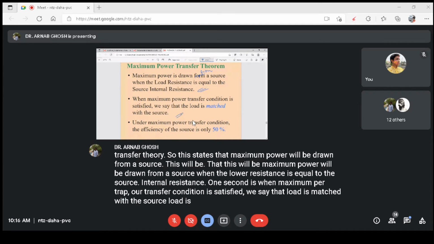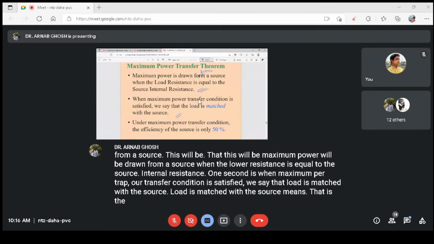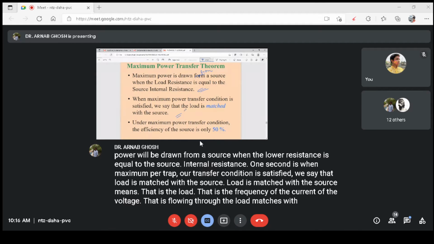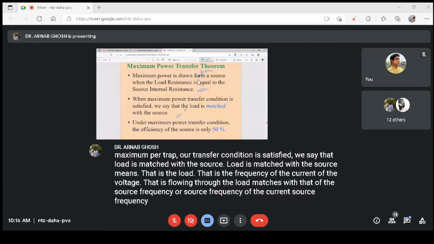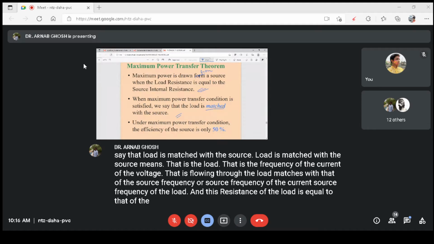Load is matched with the source means that the frequency of the current of the load matches with that of the source frequency, and the resistance of the load is equal to that of the source resistance.